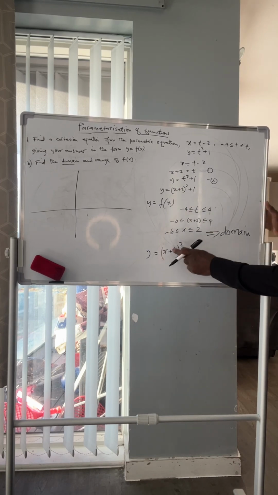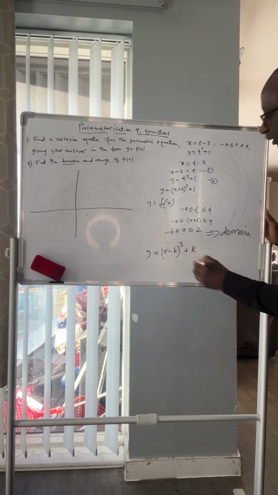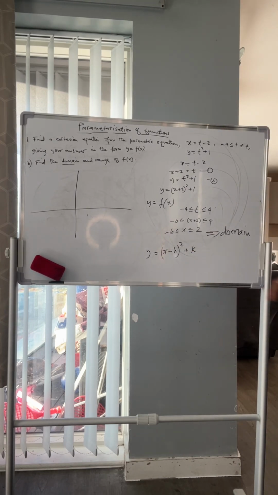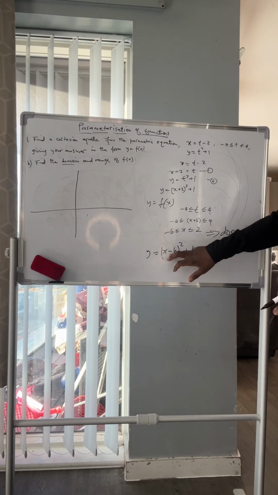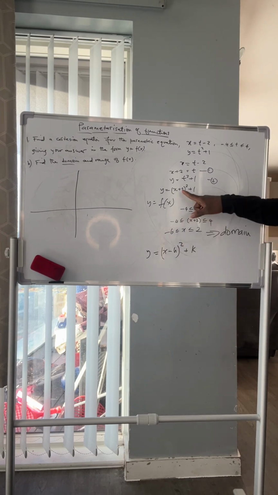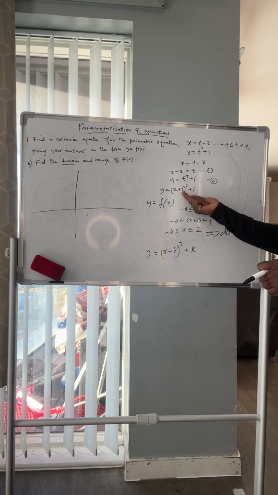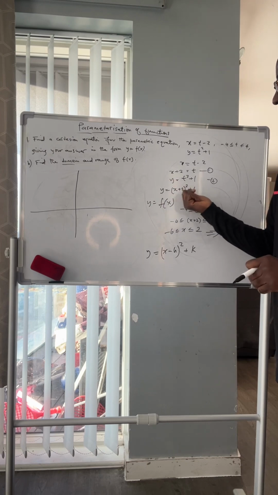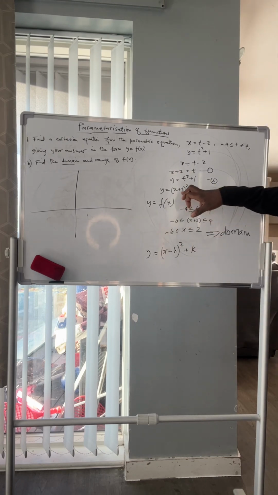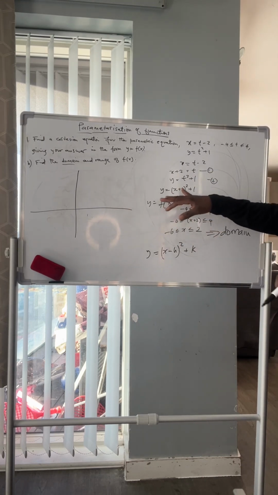This formula, sorry, should be minus h, not plus. Should be minus h. Here you have plus 2. Yeah? So when it is plus here, in your graph, it's going to be minus. If this was minus, when you are plotting it, it's going to be positive.